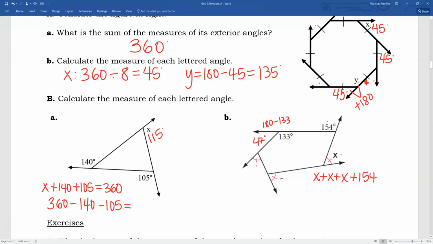So then I'm going to fill in plus that 47, should total 360. So in this case, because I have 3 empty blanks, I'm going to take away what I know and then divide the remainder by 3 to see what each of those would be, okay? So I'm going to sum these first. That will be 154 plus 47.